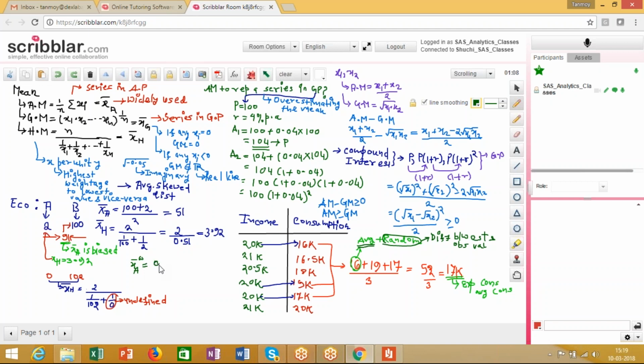So weighted arithmetic mean is written as W1 x1 plus W2 x2 plus up to Wn xn.